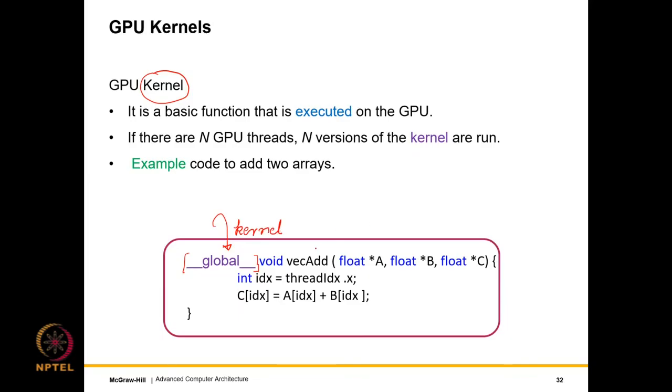The name of my function is vecadd and it doesn't return anything. It takes three floating point arrays as input, A, B, and C. These are pointers, and we will discuss later to which memory space. But if it's running in the GPU, think of it as a pointer to the GPU memory space. All of this will be described later in a reasonable amount of detail.